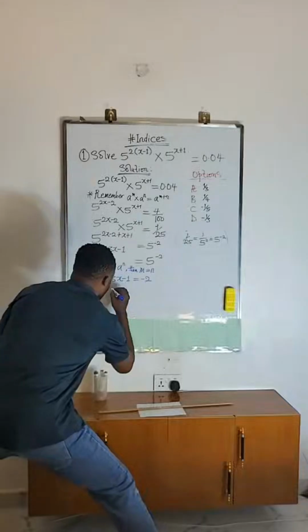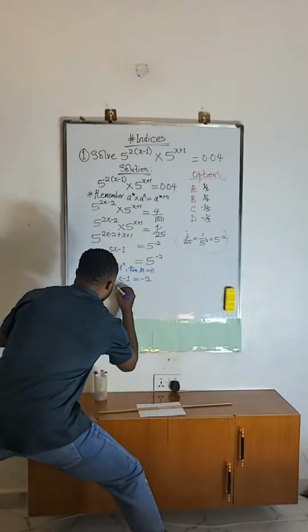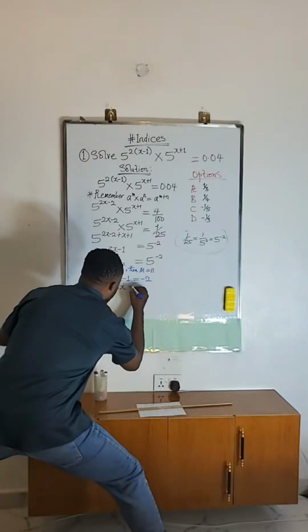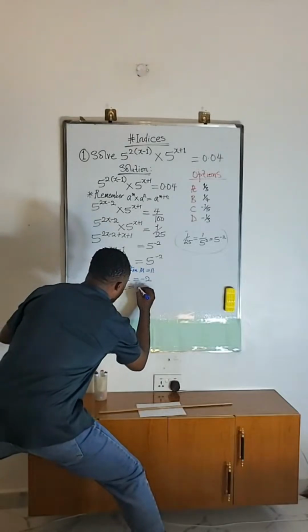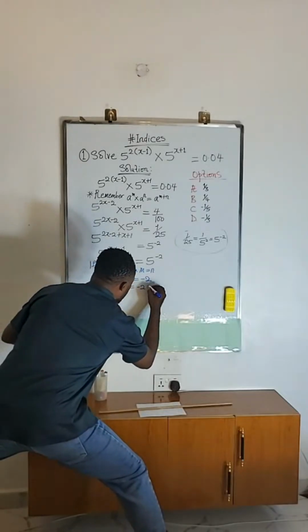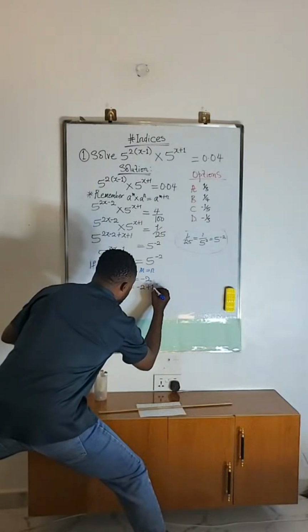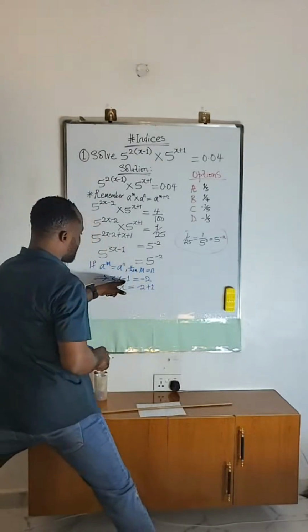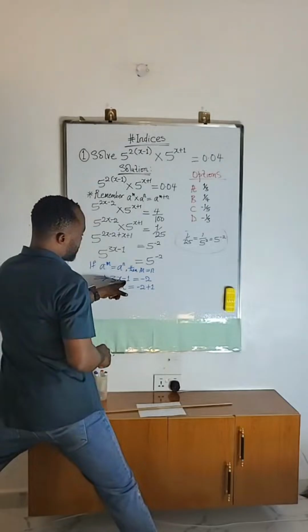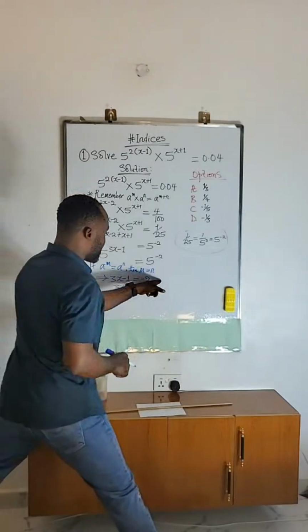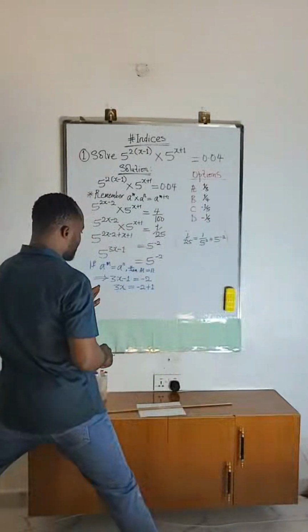And so, if you collect like terms, you have that 3x equals minus 2 plus 1. We have moved this minus 1 from the left-hand side to the right-hand side. Is that so?